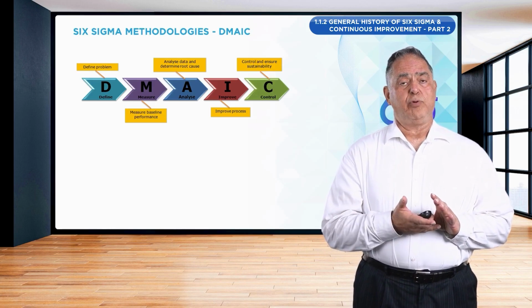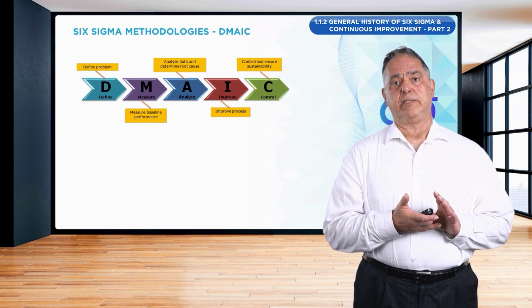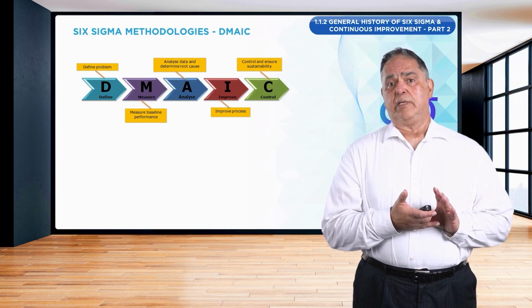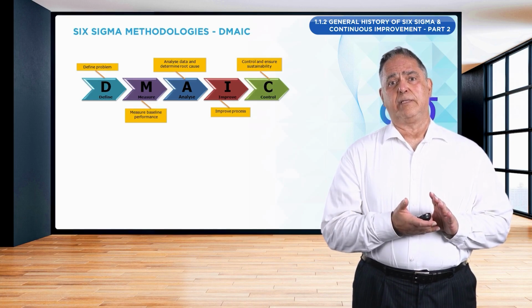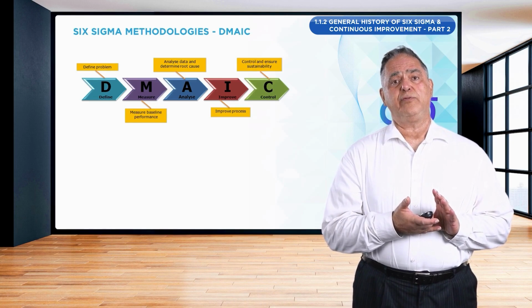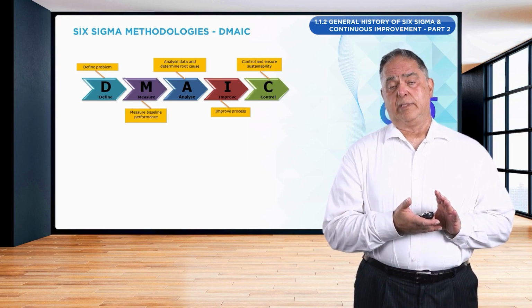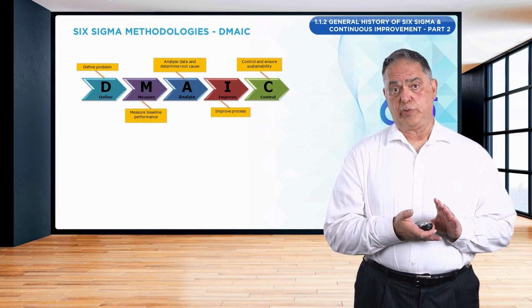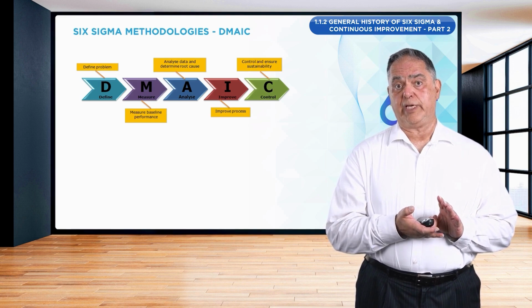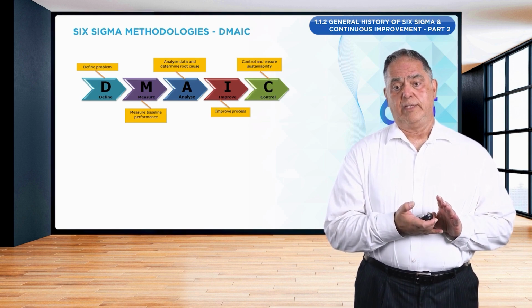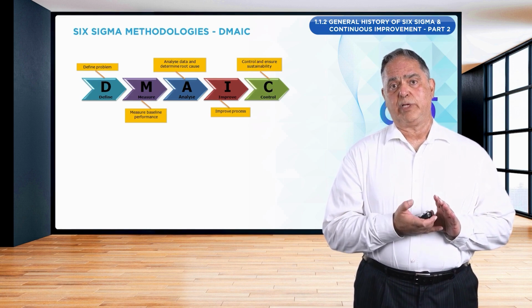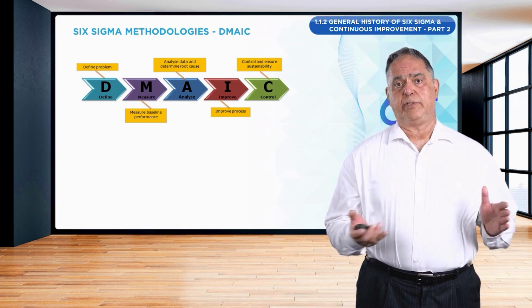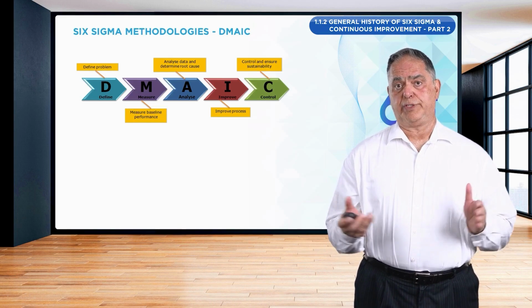We move to the improve phase, and during that phase, we try to find solutions in order to either eliminate or reduce the root causes that create waste in the process.